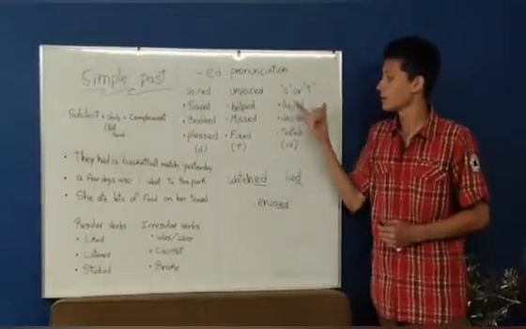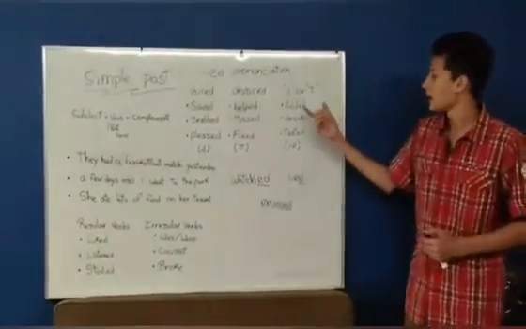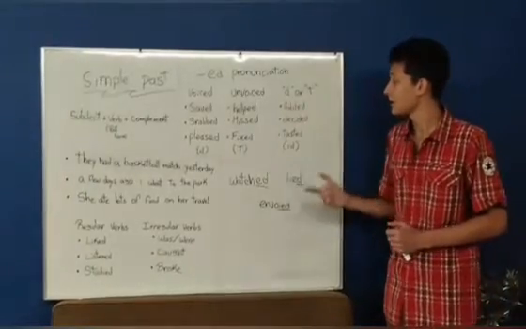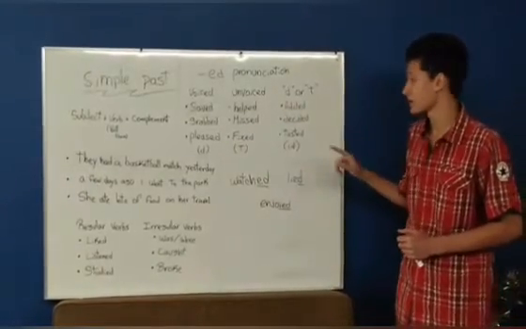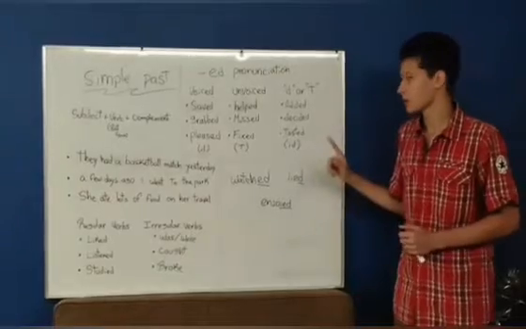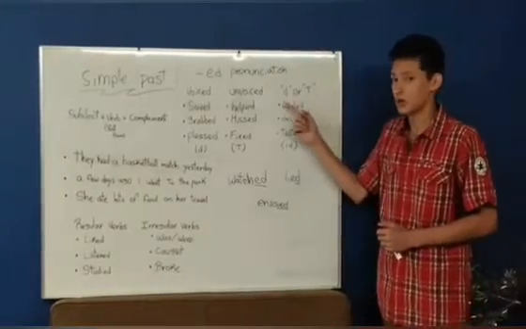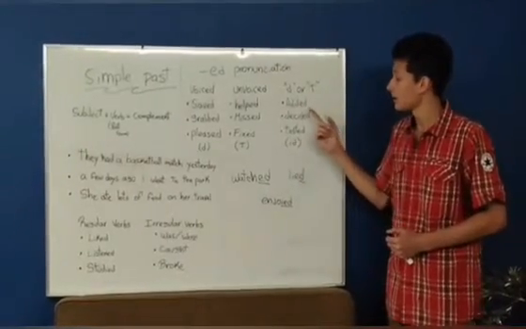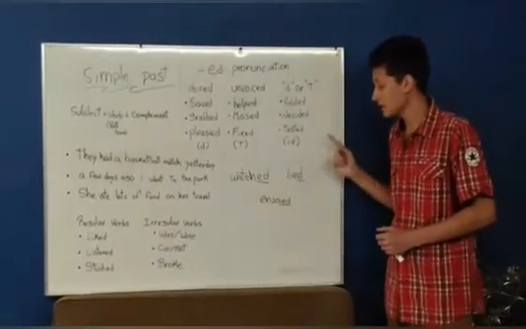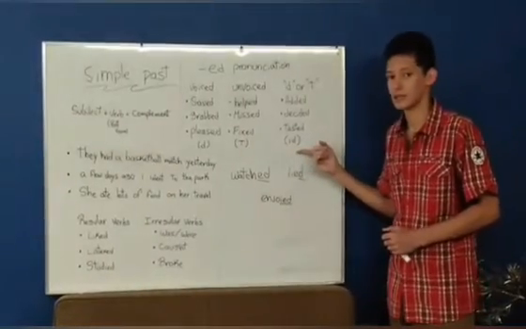Now, the ed sound like it. In this case, it depends on the last consonant. If the last consonant of the verb is a D or a T, the sound of the ed is it.